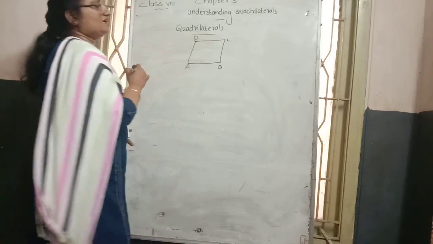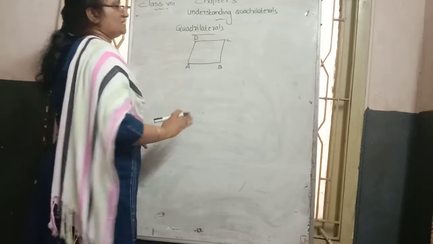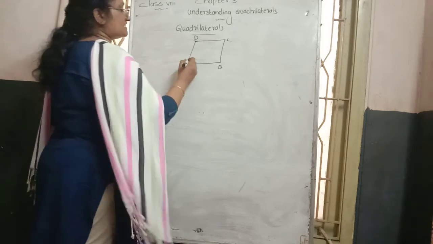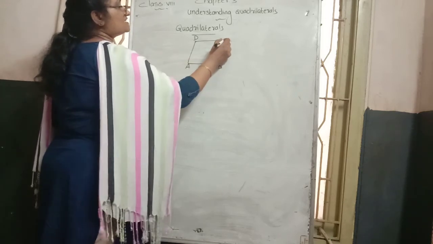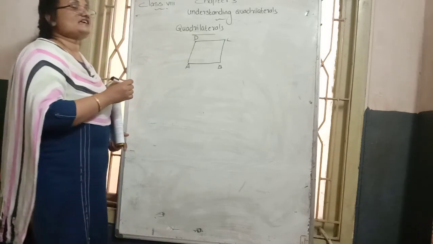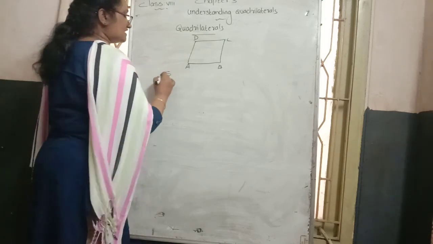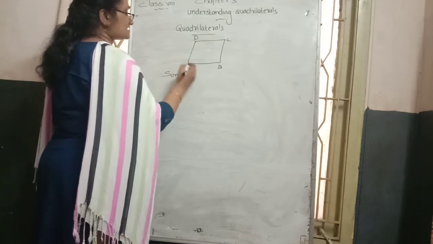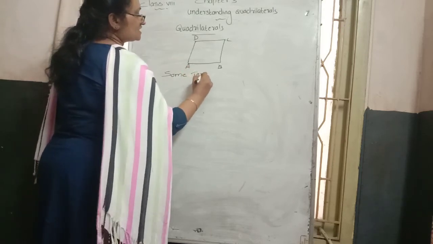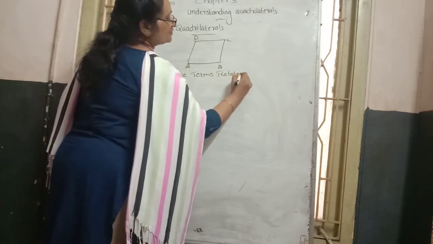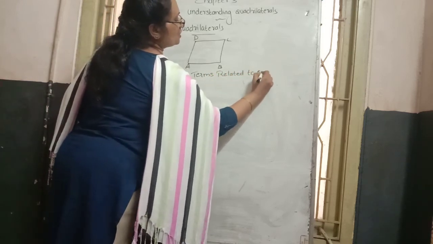Then how many angles does it have? 4 angles. Which are the angles? Angle A, angle B, angle C, angle D. A quadrilateral has 4 angles and 4 sides. We can discuss some terms related to quadrilateral.